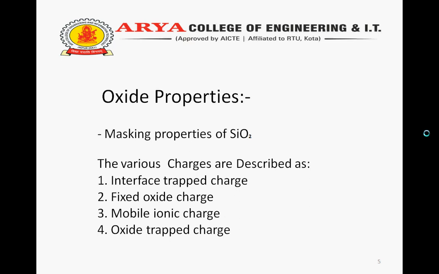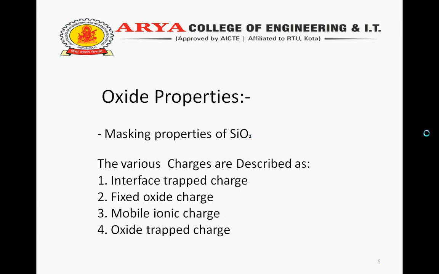Third is mobile ionic charge. The mobile ionic charge Q_m is attributed to alkali ions such as sodium, potassium and lithium in the oxide, as well as to negative ions and heavy metals. The alkali ions are mobile even at room temperature when electric fields are present. Density ranges from 10 to the power 10 per centimeter square to 10 to the power 12 per centimeter square or higher, and is related to processing material, chemical, ambient or handling.